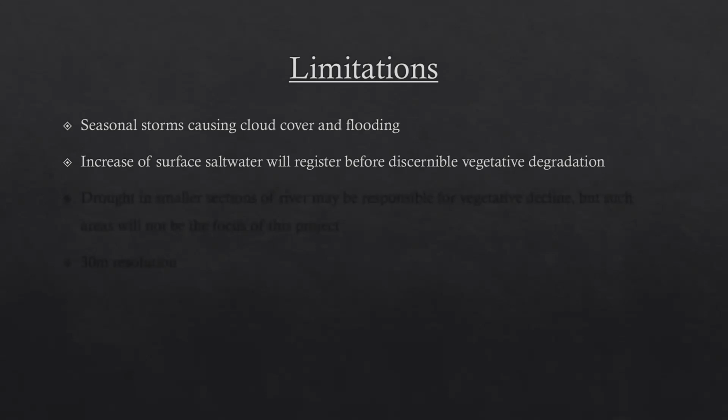As you get closer to the mouth of the delta or the river, that type of vegetation has a higher tolerance for salinity and so does not experience the same level of degradation as farther up the river. So I'm not expecting to see a lot of vegetative change closer to the mouth of the delta, but as I get farther upriver, I'm expecting to see greater decline in vegetation.